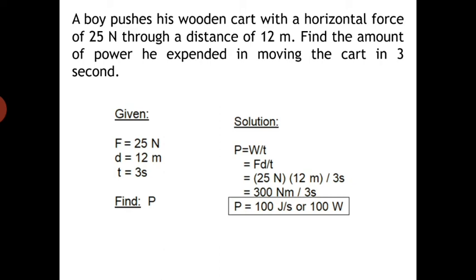For the solution, the formula for power is still P is equal to W over T, and remember that work is equal to force times distance, over T. Substitute the values, 25 Newtons of force, 12 meters of distance, and 3 seconds of time. Combining them, we'll get 300 Newton meters over 3 seconds, and the final answer is 100 watts of power.